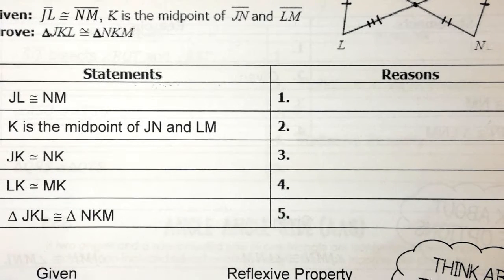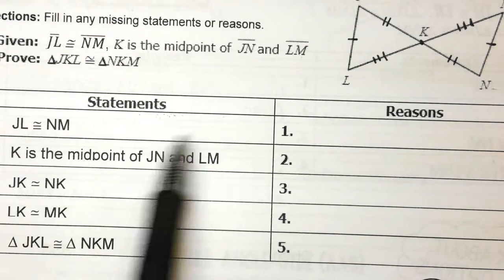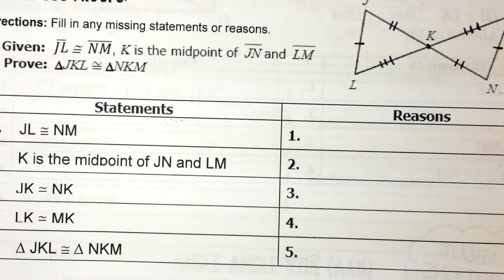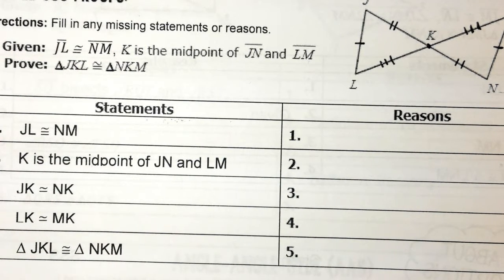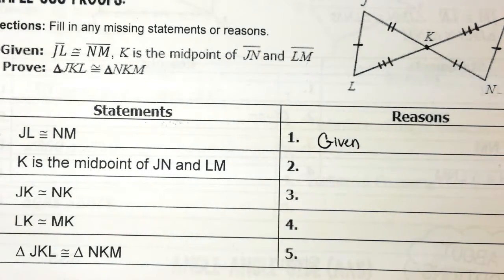On this one, starting out, the first statement says JL is congruent to NM. That's a statement. How do I know JL is congruent to NM? Yeah, literally it was given. And that's what you're going to write, given. If the information is given and they put it in the proof, just write given next to it.